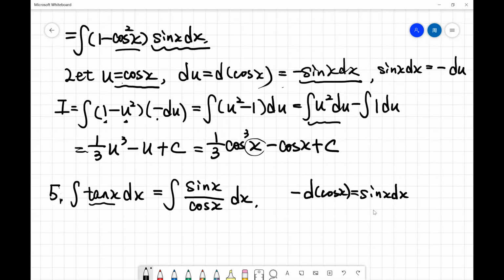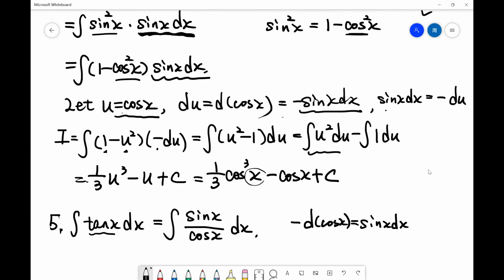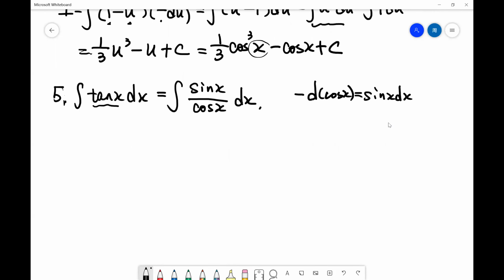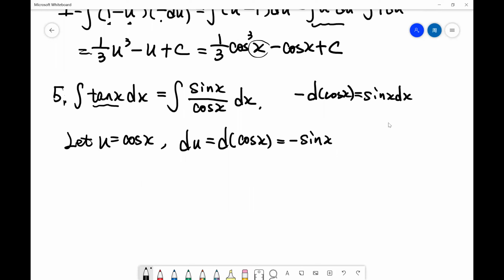We have calculated that above. So if you know that, we can also let u be cosine x. So du equals d cosine x, that equals minus sine x dx. So sine x dx equals minus du here.